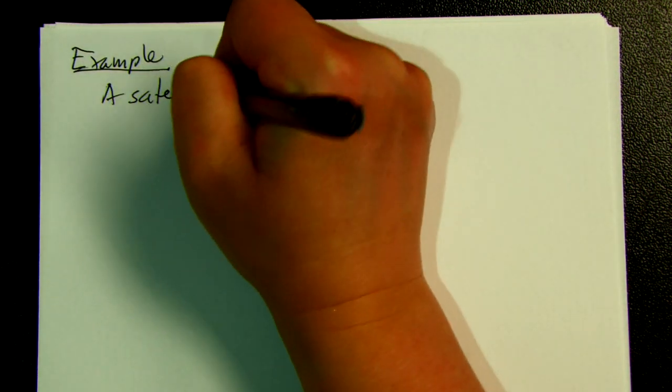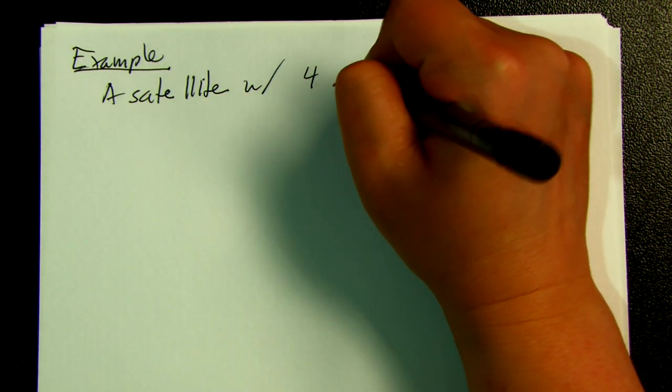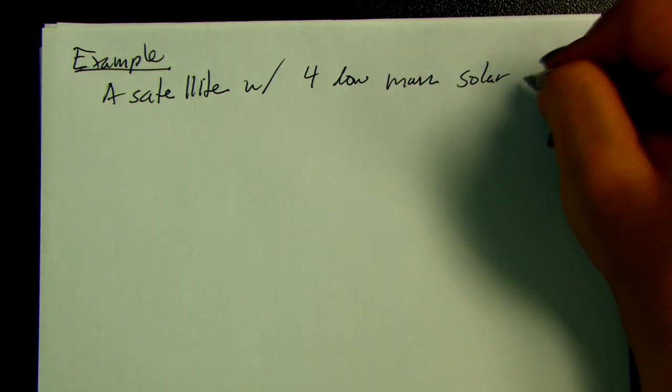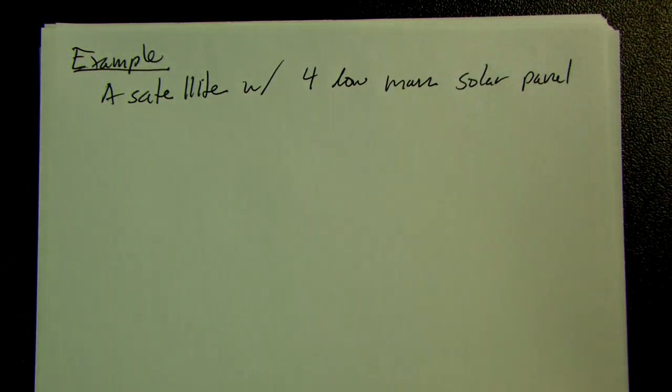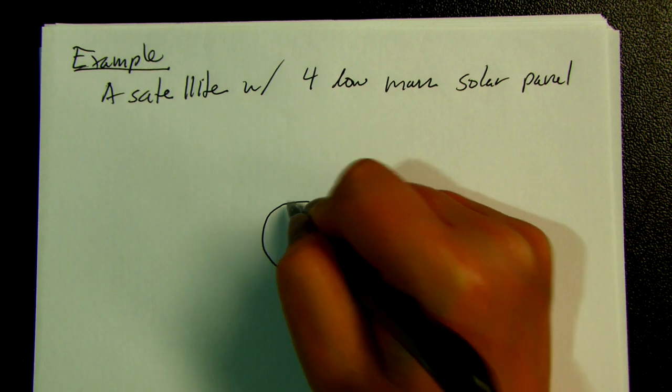Let's do an example. So a satellite with 4 low mass solar panels. So that is one way that they power satellites, is they put solar panels on them. So it's circular.